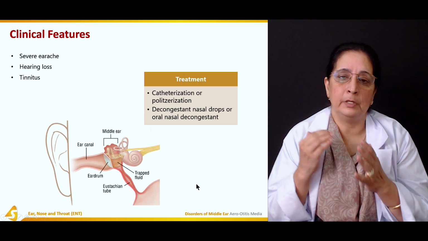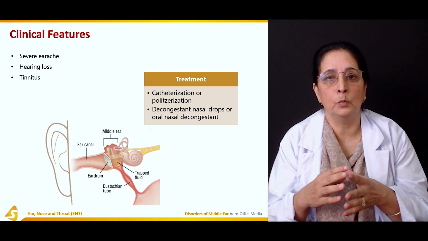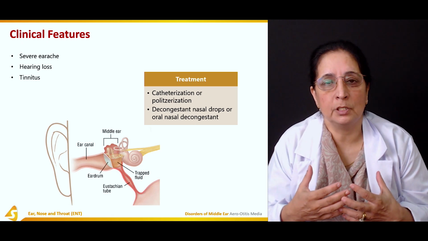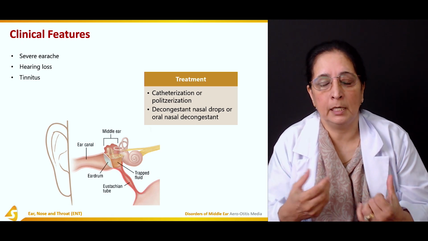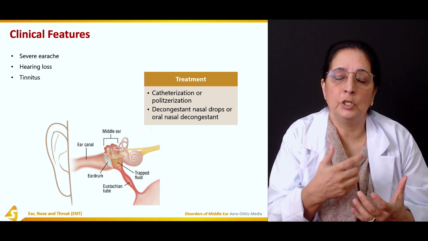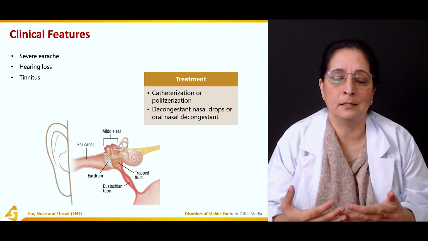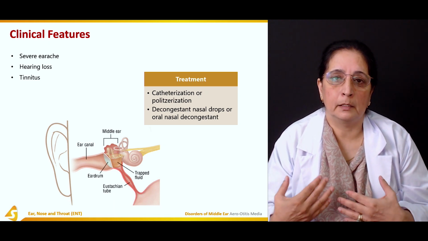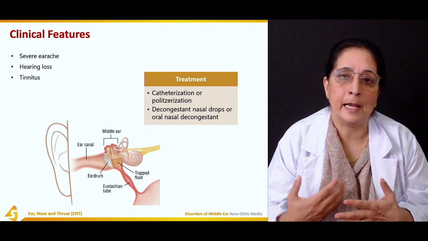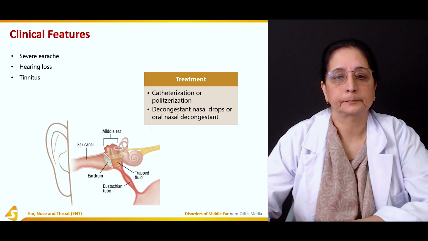Catheterization is where we put in a catheter, and ballooning can open the eustachian tube. Politzerization is where a bulb pumps air into the nostril while the other nostril is closed. All these are methods to remove that negative pressure in the middle ear.